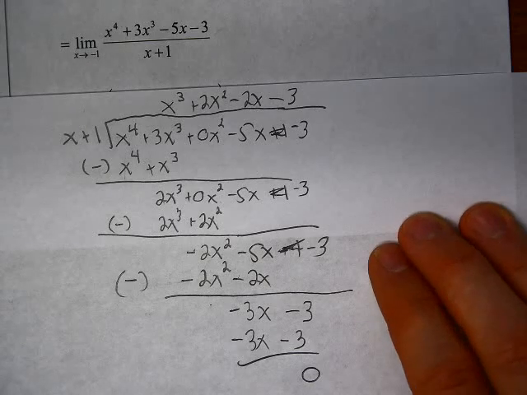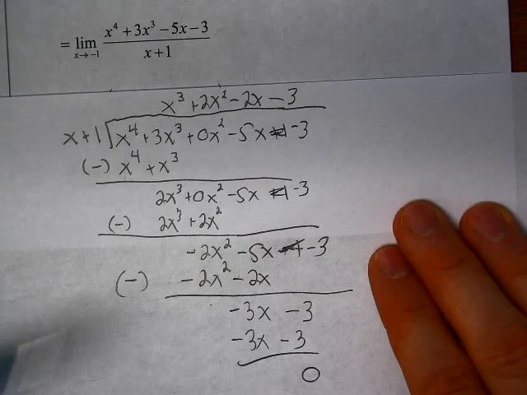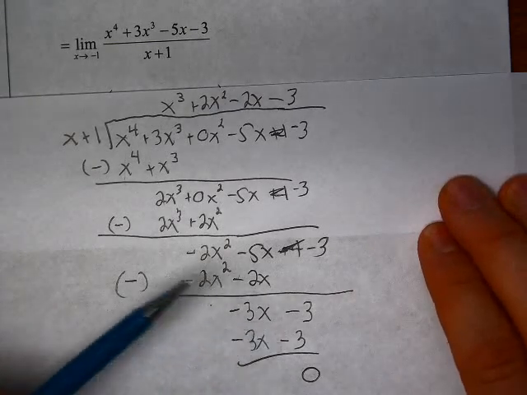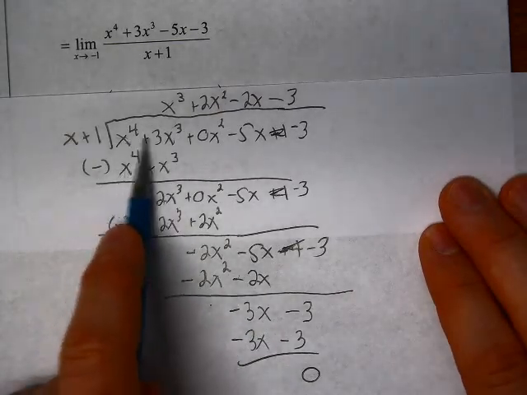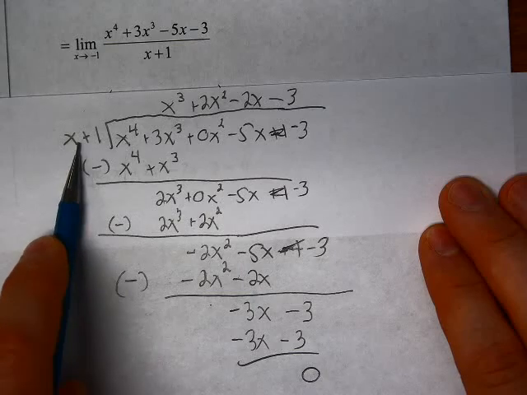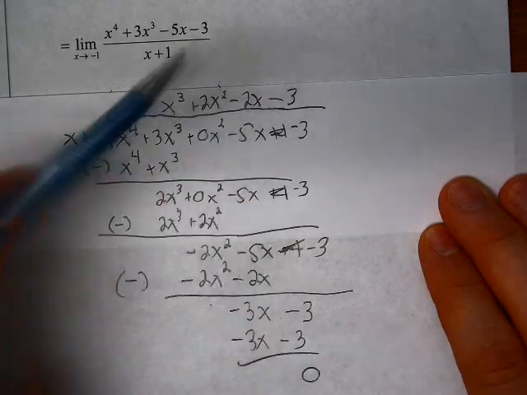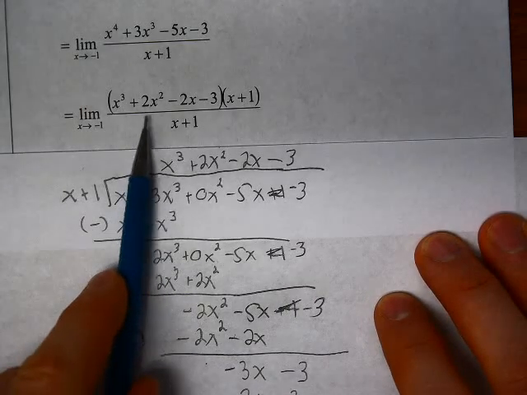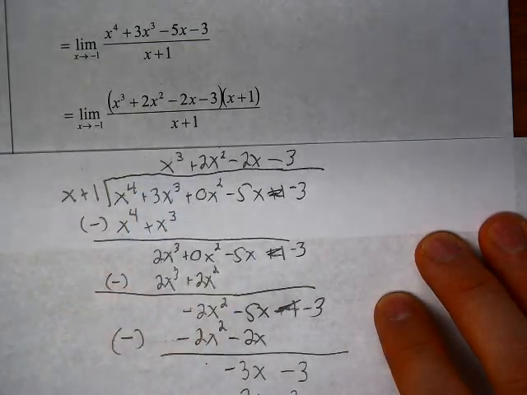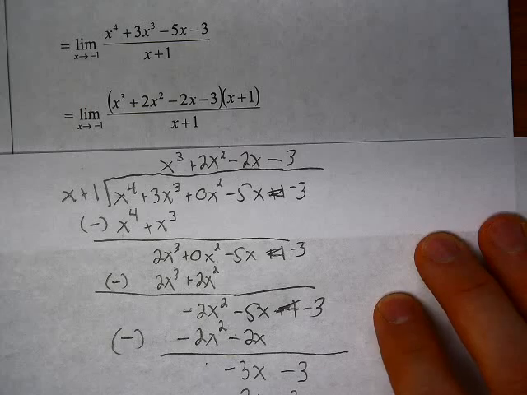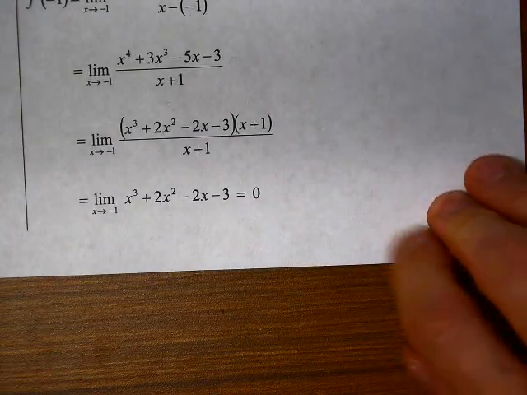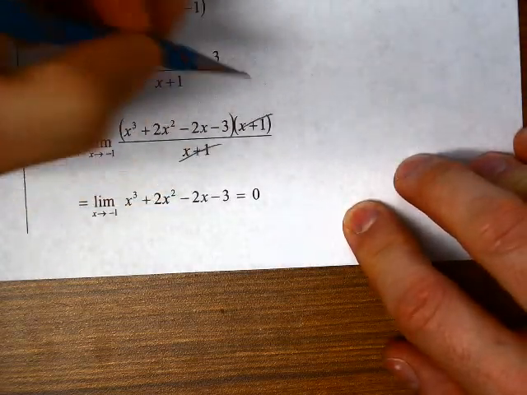So if this process works for us in this situation, we want to get a remainder of 0. What that means is if I take this fourth degree polynomial and divide out an x plus 1, I'm left with this third degree polynomial. So that means that numerator can factor in this way. And then of course from there it's an easy problem.